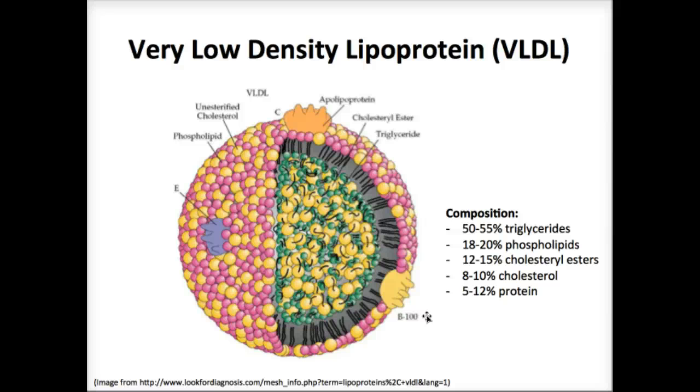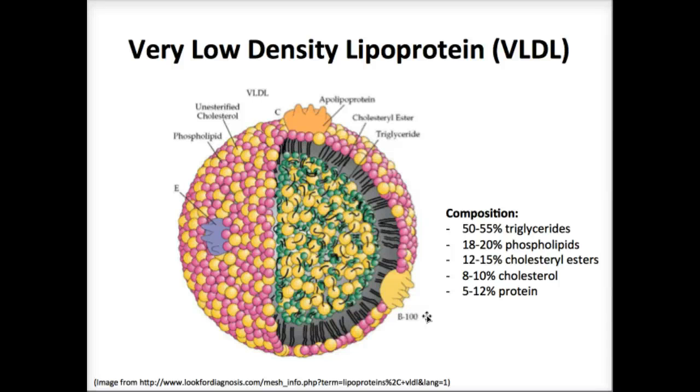So the VLDL taxicab enters the scene from the liver because that's where it is synthesized. And once it enters the bloodstream, its job is to deliver the energy-rich type triglyceride to cells, just like the chylomicrons.